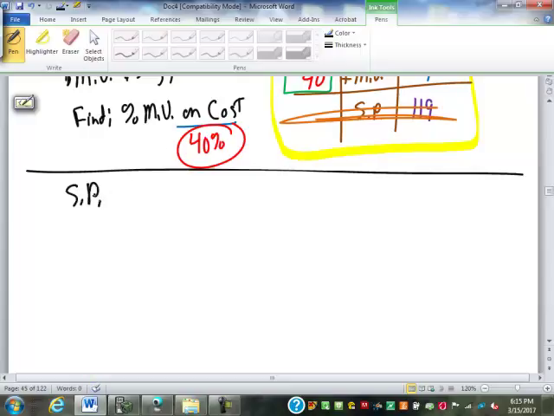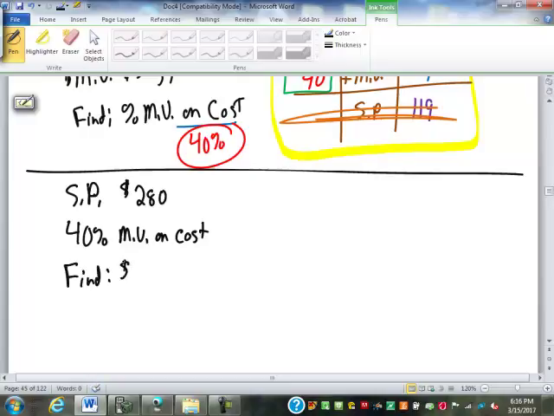So an item that has a selling price of $280. There is a 40% markup on cost.